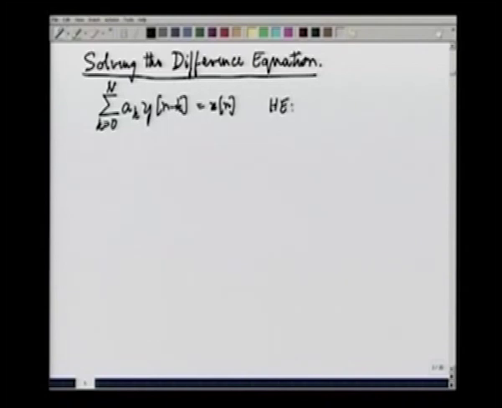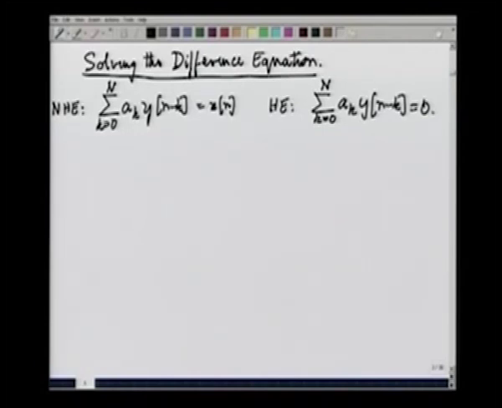The corresponding homogeneous equation would be this. This is of course what we call the non-homogeneous equation. So, we have the homogeneous equation to look at.